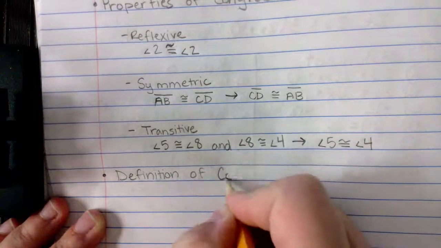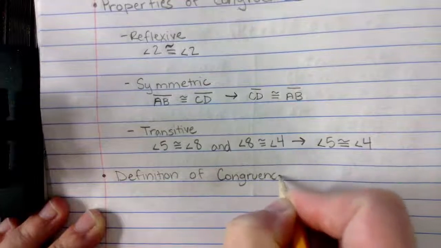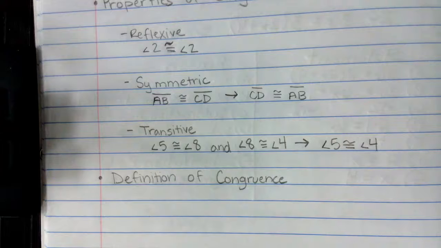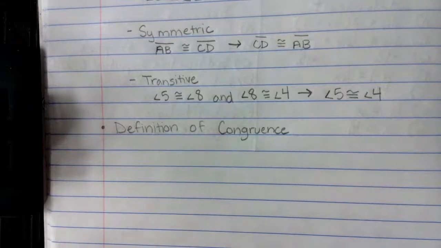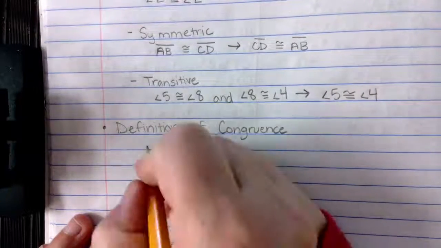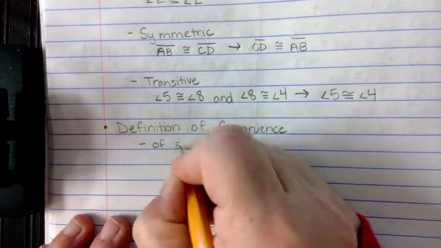Right now, we're writing out that word congruence, but when we do this in proofs, we can just use the congruent symbol, that squiggly with the equal sign, without having to write out congruence. There are two things we're going to say are congruent today. One is with segments. So, definition of congruence of segments.